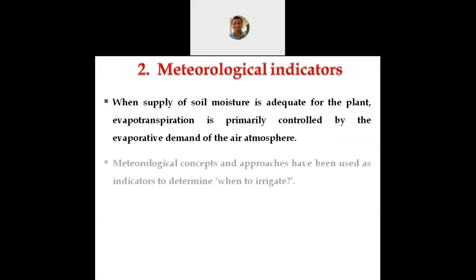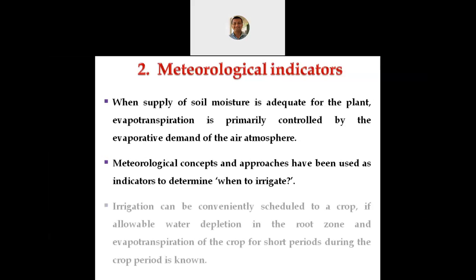Now the second parameter for scheduling of irrigation is the climatological approach, or using the meteorological indicators. Here in this method, the soil moisture is supplied based on the calculation of the evapotranspiration, or the evaporative demand of the atmosphere.